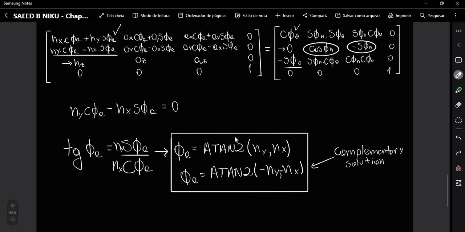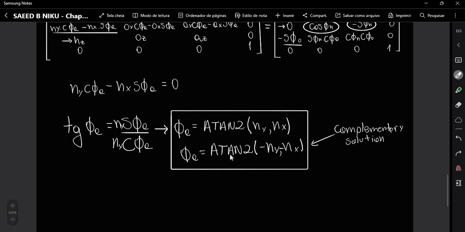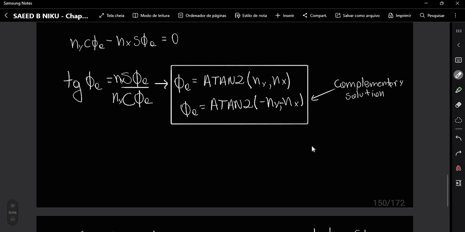And as this is an equation, we can say that for each element on this matrix on the left side, we have an equivalent on this matrix on the right side. In this way, we have solved for phi A, phi O, and phi N. We have applied the tangent relation and the arctangent, so we are able to extract the angles.